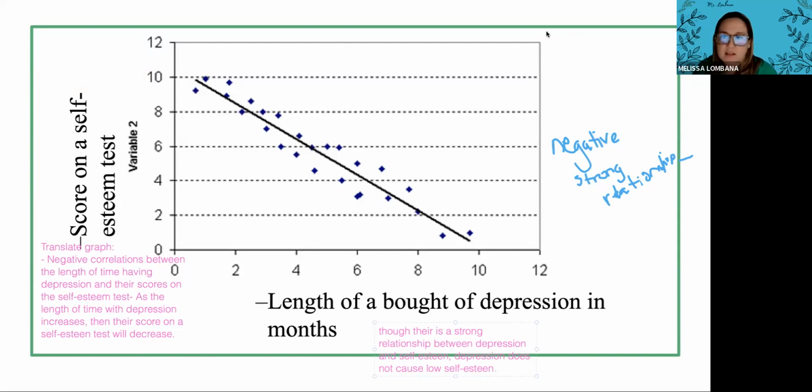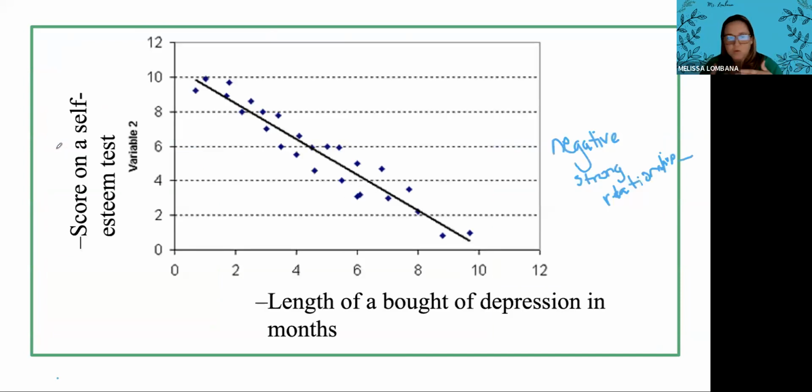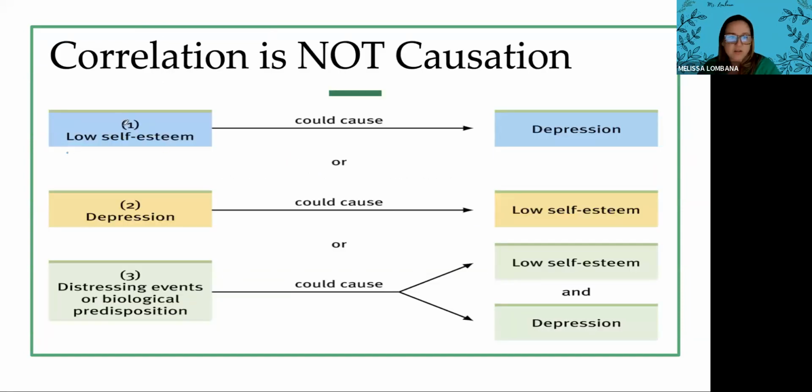Okay, and so this is a good way to kind of end this little section, which is basically that correlation is not causation again. Because these two variables intertwine with one another, right? So if you have low self-esteem, it could cause depression, but depression could cause low self-esteem.